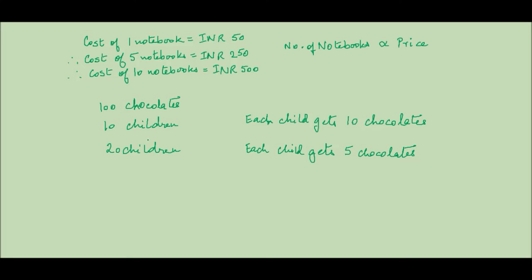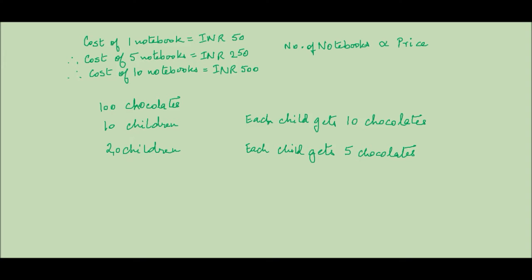Even in this case, we are having two parameters. First is the number of children, and the second is the number of chocolates that each child gets. In this case, we see as we are increasing the number of children, the number of chocolates that each child gets decreases.